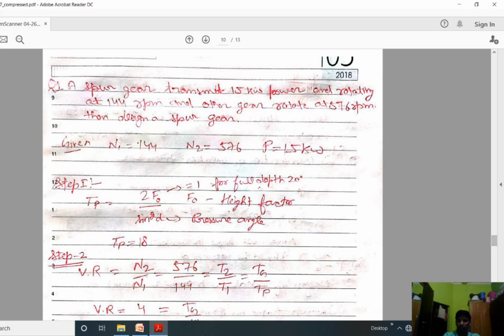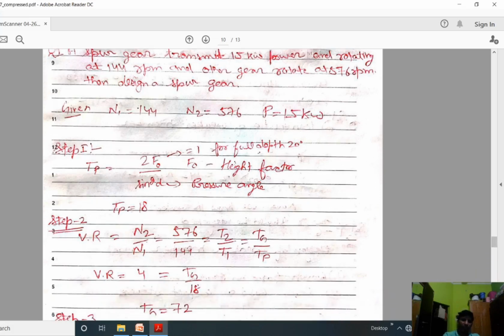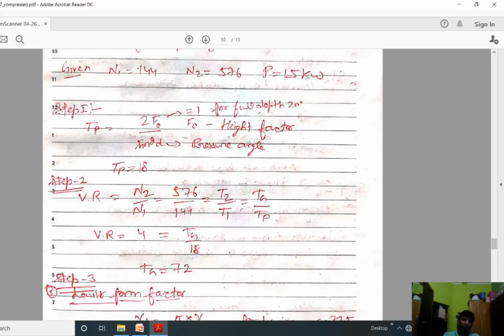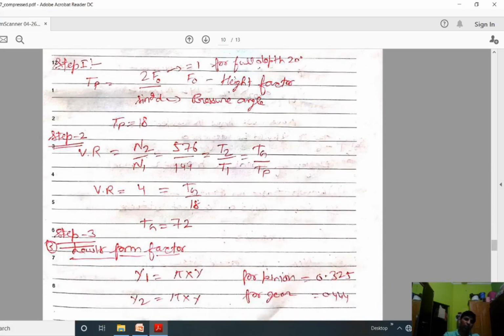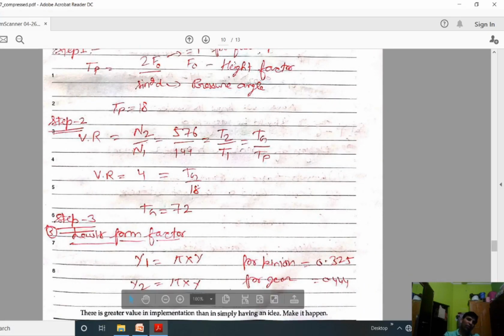And after finding TP, we have to find out the velocity ratio. And what is the formula for velocity ratio? The formula for velocity ratio is the speed of the driver, the pinion, in RPM, over the speed of the follower. Speed of driver is on the upside, speed of pinion, and speed of follower is on the downside.